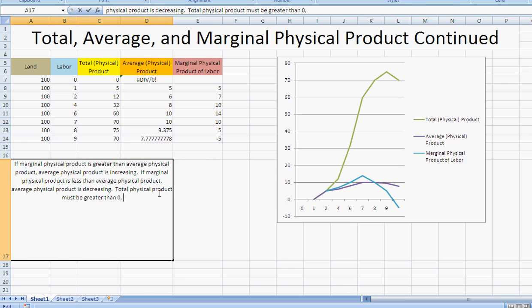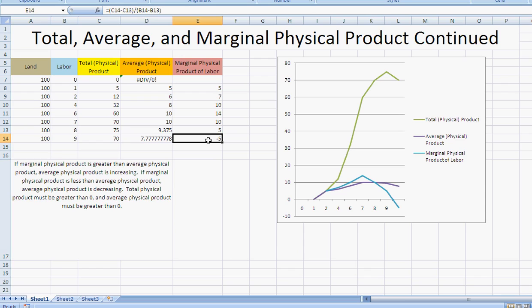And if total physical product has to be greater than 0, so also does average. So total physical product and average physical product must be greater than 0. But marginal physical product definitely does not need to be. And we can see that because we have a -5 right here in this last entry for marginal physical product.